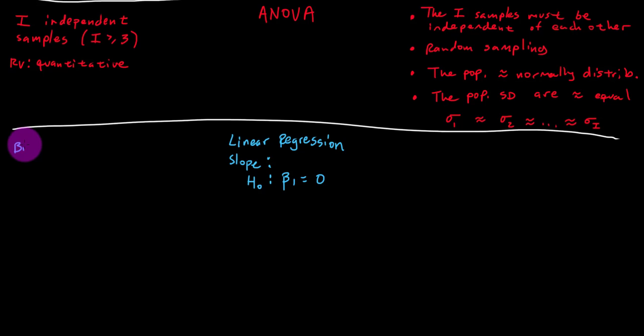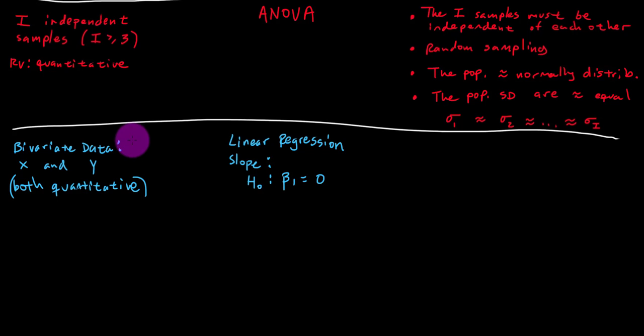Here, this concerns bivariate data, x and y, that are both quantitative. And recall that the bivariate data form ordered pairs that are considered coordinates, x, y. Now, the conditions for our inferences regarding the slope to be valid, again, we have random sampling involved.